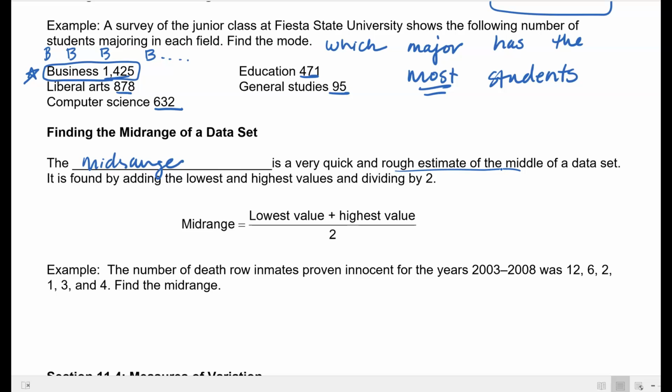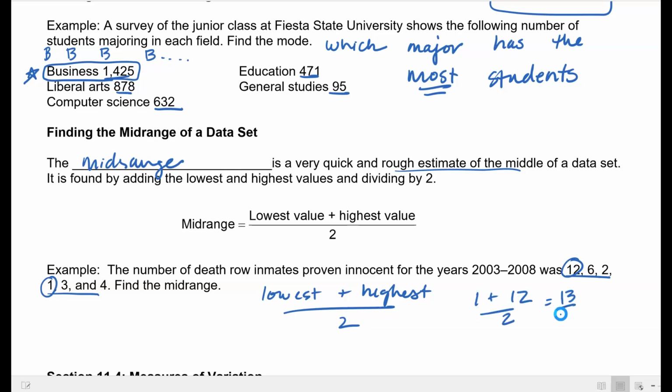We have this example from before, the same one that we did with the death row inmates proven innocent, and we've got these numbers, and we want to find the lowest plus the highest and divide by 2. So it looks like the lowest is going to be 1 and the highest is 12. So we get 13 divided by 2, which is 6.5.